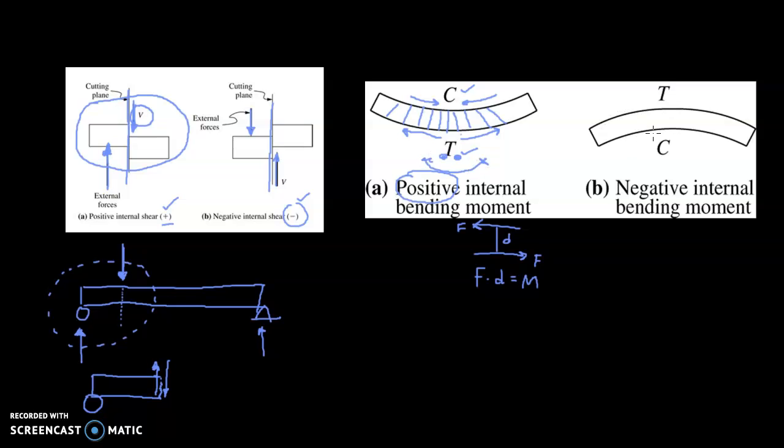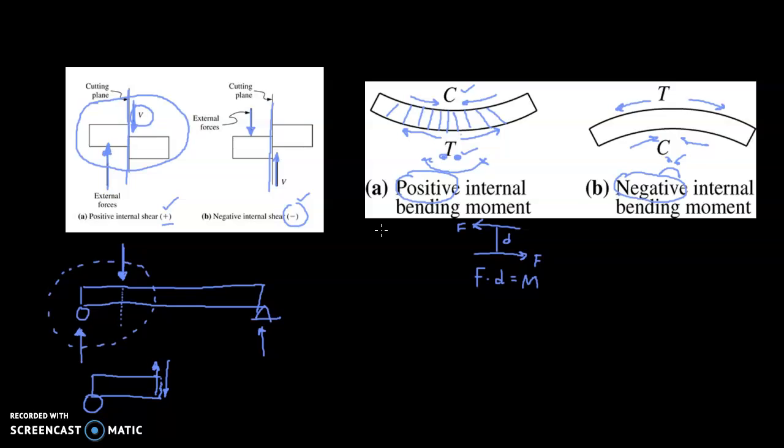When it bends the other way, when compression is in the bottom, tension is in the top, and it bows this way, it bends kind of like a frowny face, that's negative. That's a negative moment that's causing bending to occur. So we can analyze a beam looking at it as a free body diagram and determine the amount of shear and bending at any point along that beam.